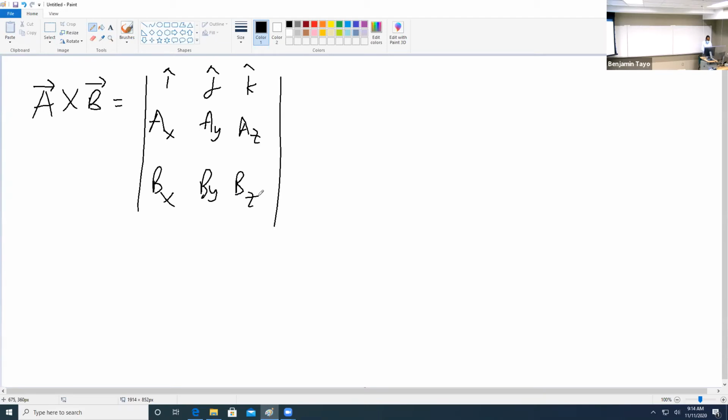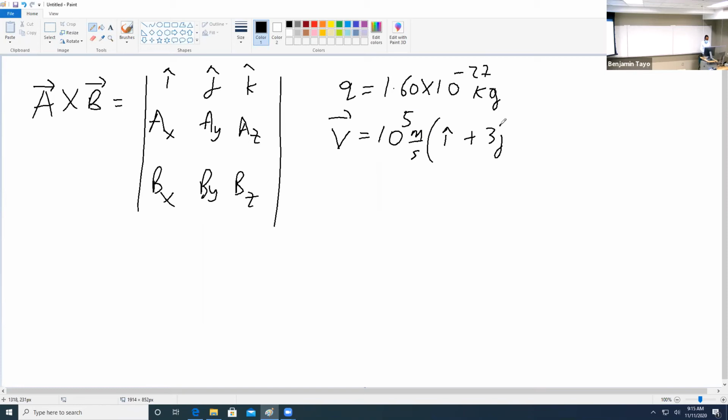Suppose that we have a charge Q. Let's say that this charge is 1.60 times 10 to the negative 27. And then let's suppose that the velocity vector is 10 to the 5 meters per second times I, plus 3J, minus 4K.